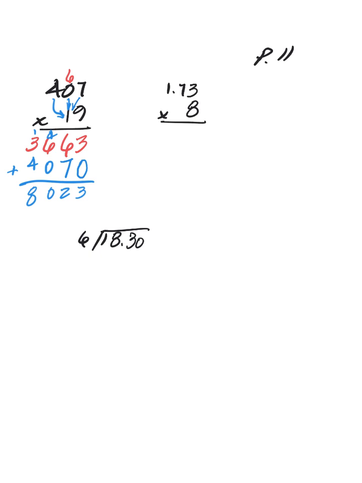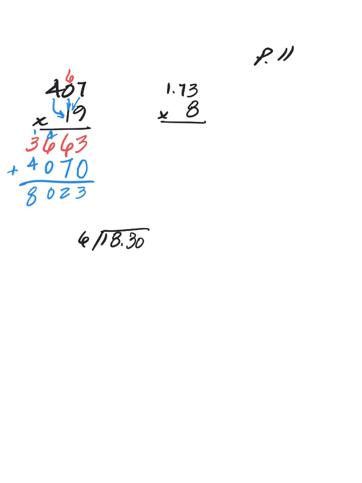Okay, let's look at the 1.73 times 8. Now in the last section, I mentioned that whenever you are adding or subtracting, you've got to keep the decimals on top of each other, lined up. Multiplication doesn't matter. You don't even care about the decimals until the answer.